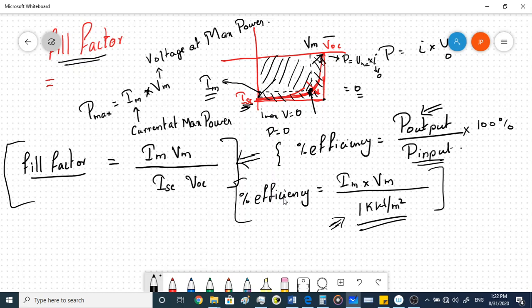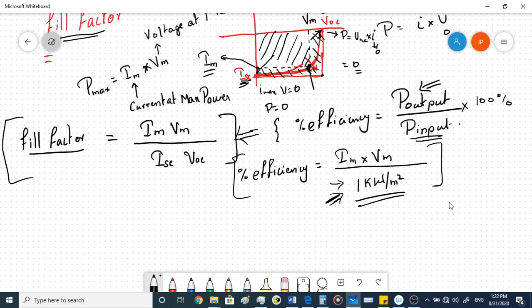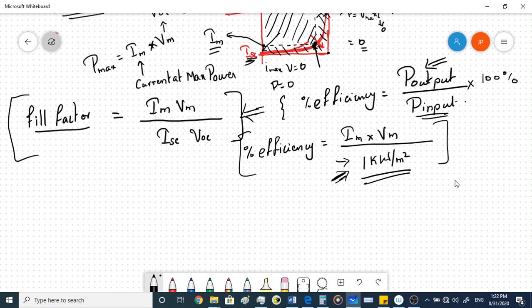Or if you have an irradiance measurement instrument, then you can directly find the power input at that point and give it over here as the power input. It is up to you how you want to do it, but generally you can take it as 1 kilowatt per meter square, or you can use the irradiance measurement device, the power meter, to find the current irradiance at that particular point, and then you will get a much more accurate value.